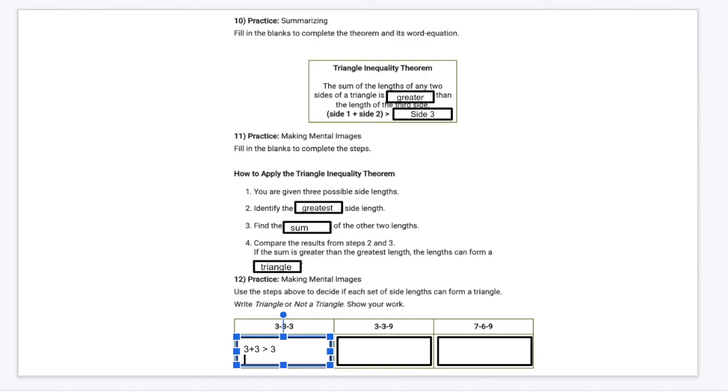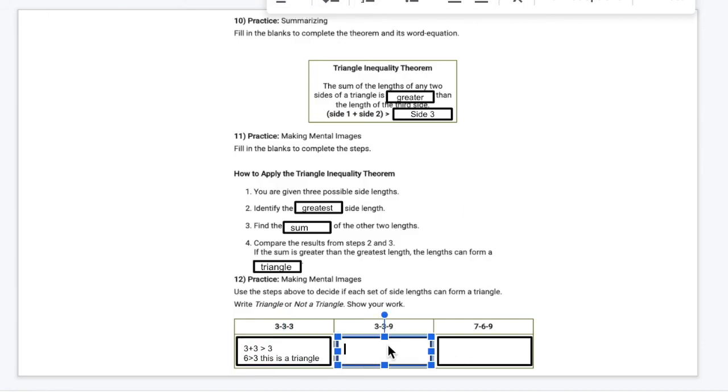So let me just evaluate this statement. So I have 3 plus 3, which is 6, and I end up with 6 is greater than 3. So when I think about it, 6 is definitely greater than 3, so this is a triangle. And my reasoning is just because it fulfills the triangle inequality theorem that we just talked about.